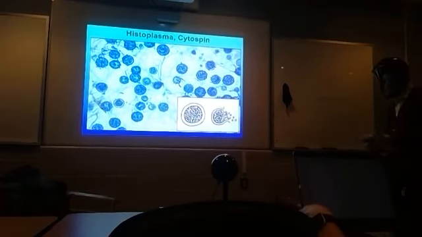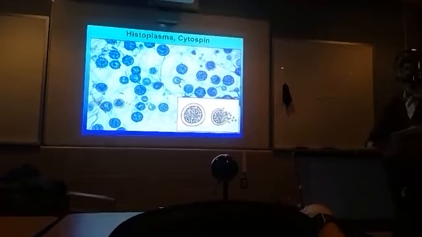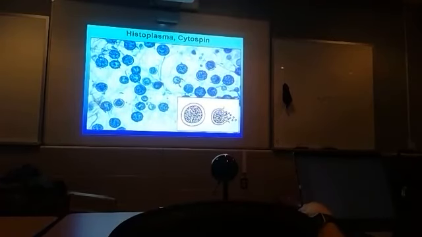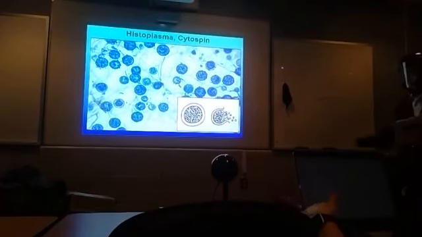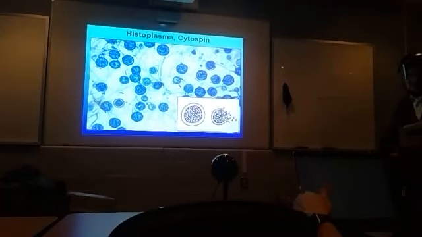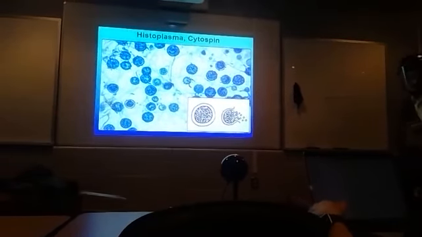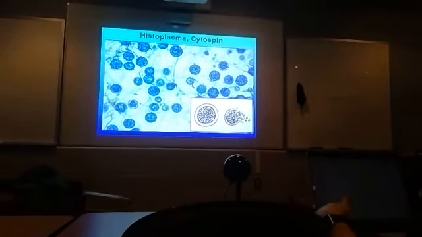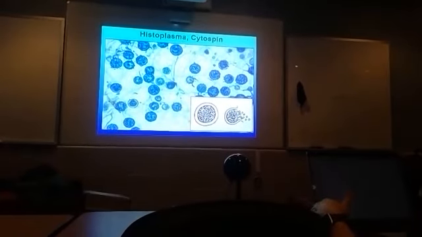Now, it is very common for histoplasma to grow in various caves that are rich with droppings like bat droppings. As a result, histoplasmosis is also referred to as cave disease. It's endemic in certain areas, the Ohio and Mississippi River valleys. Those are areas where you typically find the enriched environment in which the mycelial form of the organism can grow.